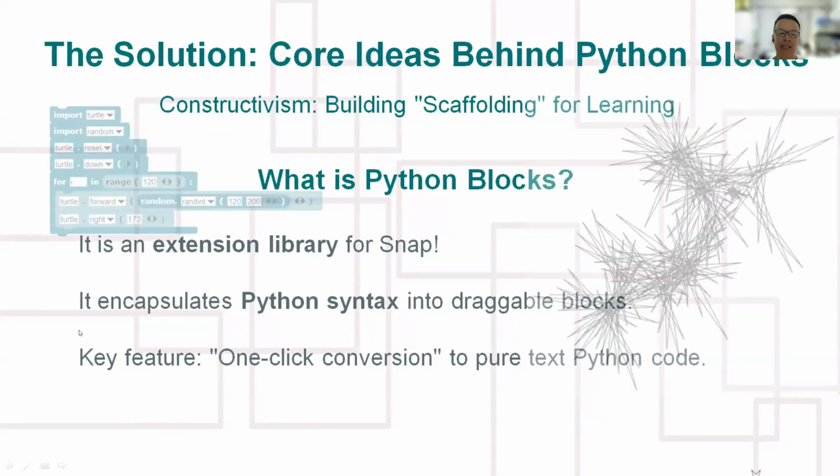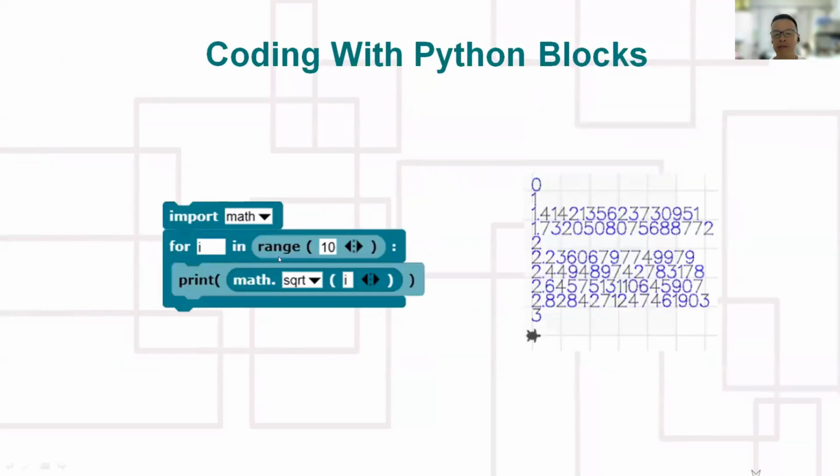It's an extension library, and we can convert it. This is a very essential example. We import math, and we teach them the range, the first number and the last number, from 0 to 9, which is different from Snap or TurtleStitch.